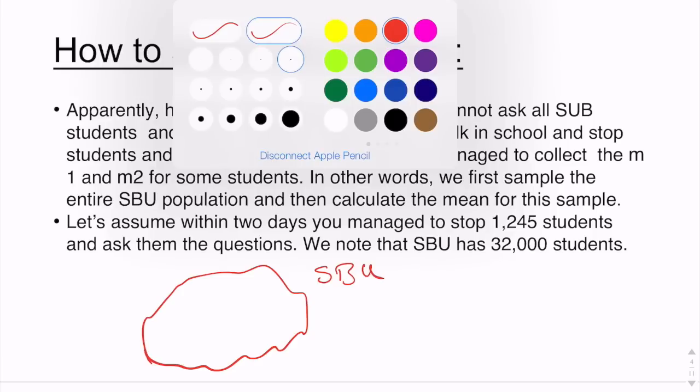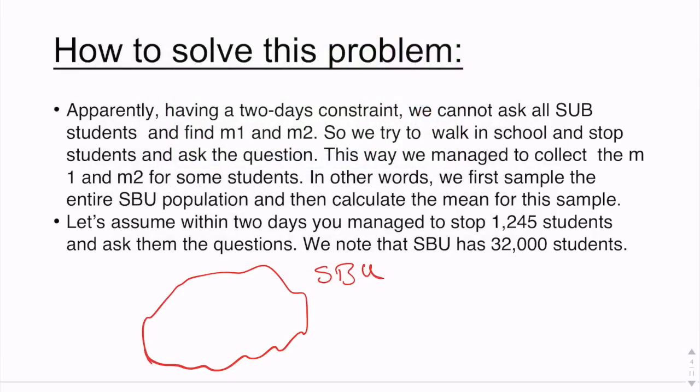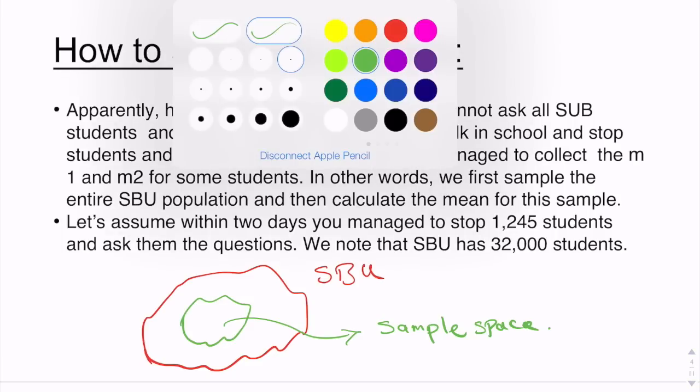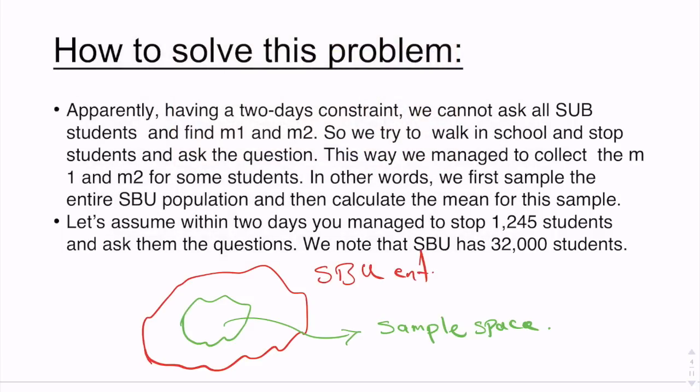And then from that population, we record their numbers. So it's a sample space, right? And the red one is the entire population. So this one is basically the entire population.